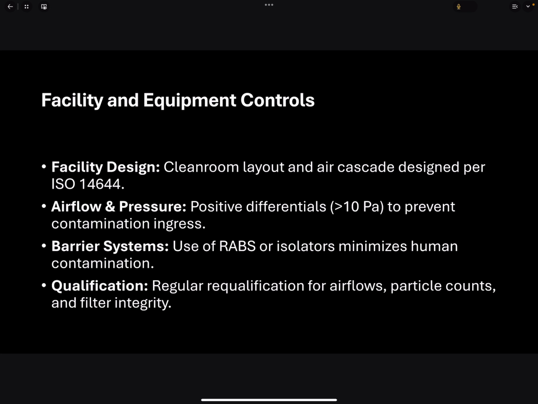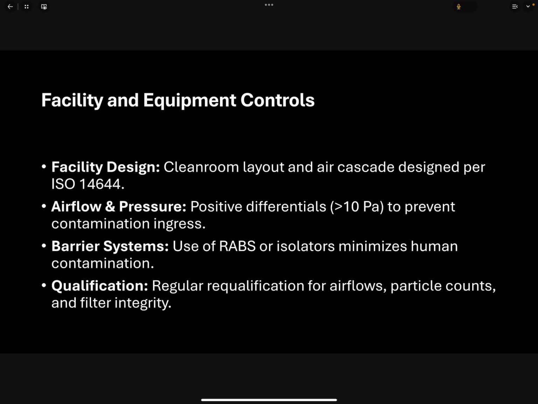Next, let's talk about the physical environment, the facility, and equipment. Clean rooms are the heart of sterile manufacturing. They are designed according to ISO 14644 standards with positive air pressure and HEPA filtration to keep contaminants out.